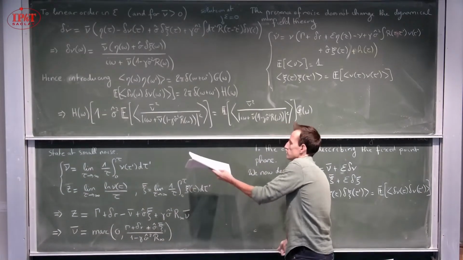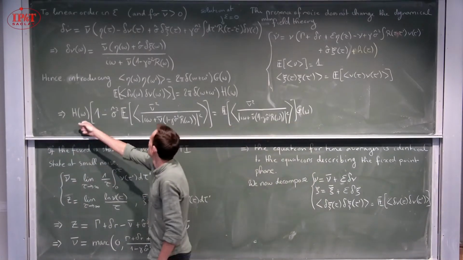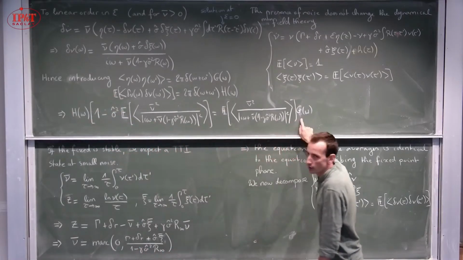Now we have an equation that, to linear order, relates the fluctuations of the population sizes to the external noise.